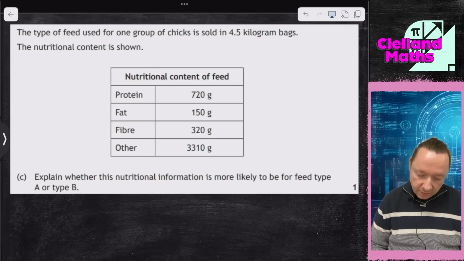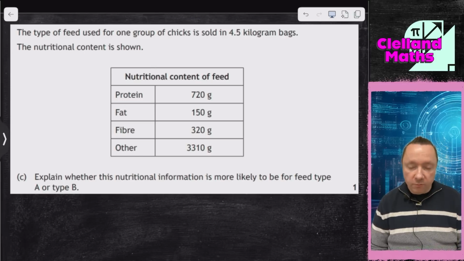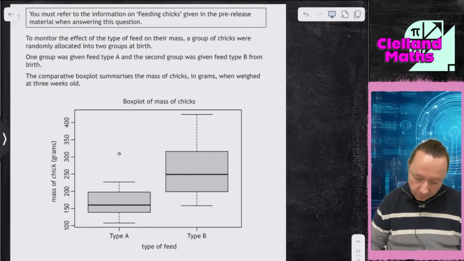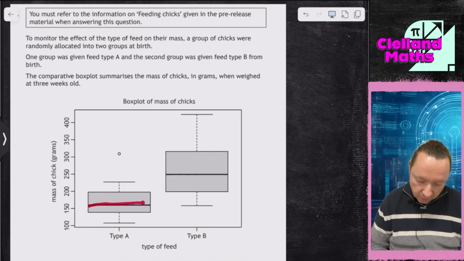The type of feed used for one group of chicks is sold in 4.5 kilogram bags. The nutritional content is shown. Explain whether this nutritional information is more likely to be for type A or type B. So if we go back up here, the median mass of chicks here is just over 150, whereas for type B, it's about 250.